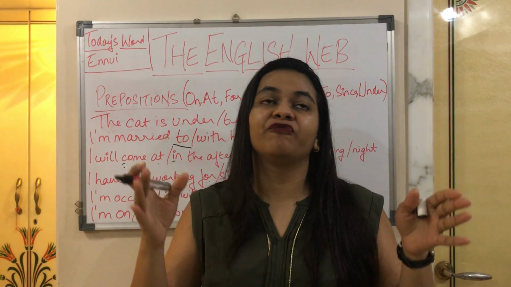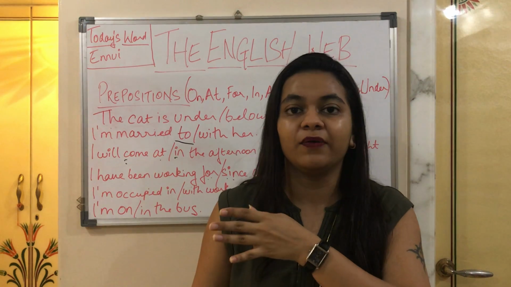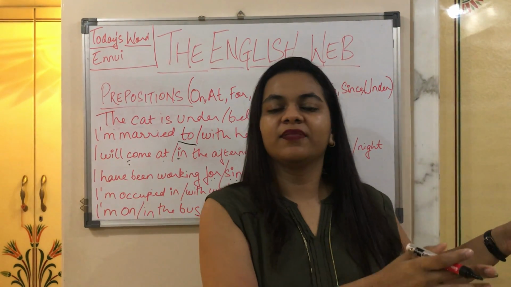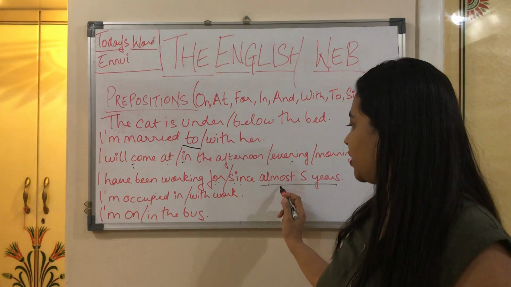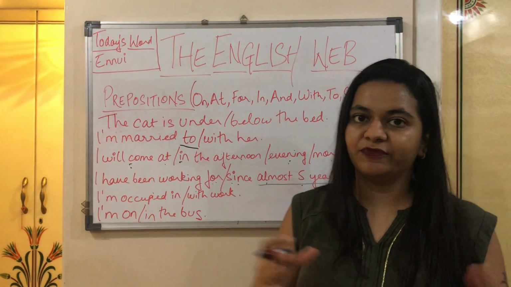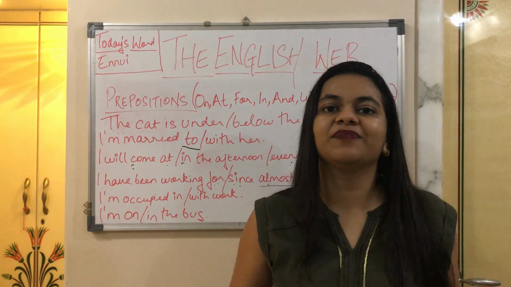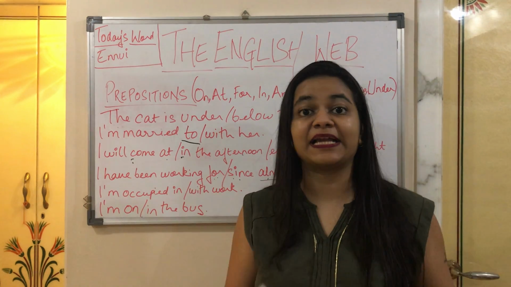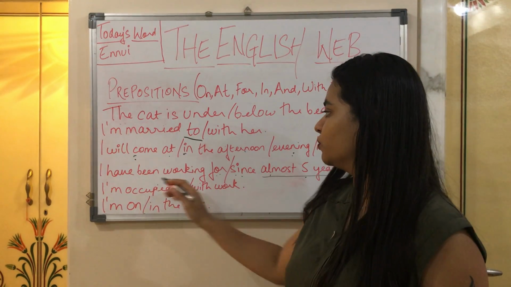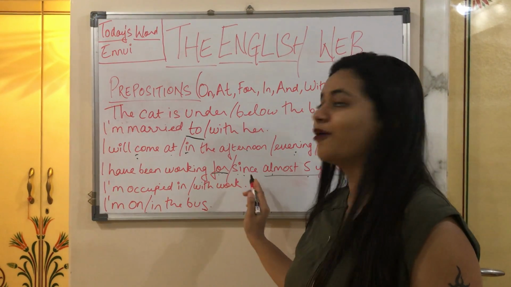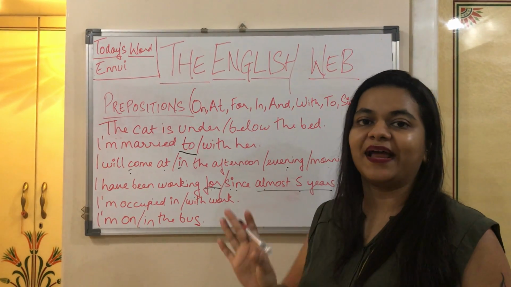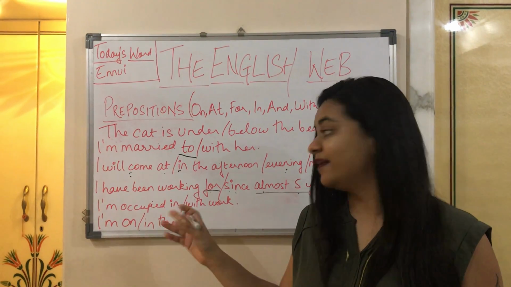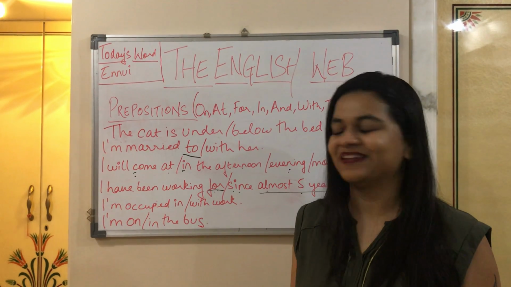Like I say, I have been working since the day I got married. I'm talking about the day I got married, which is a specific point in time. But here there is no specification. I am just referring to almost 5 years, not specifying the exact time, which is why I use for and not since.